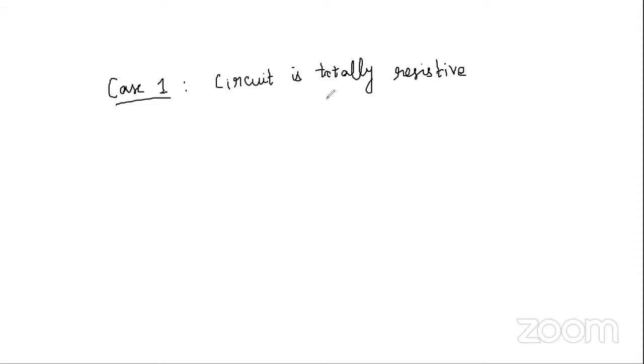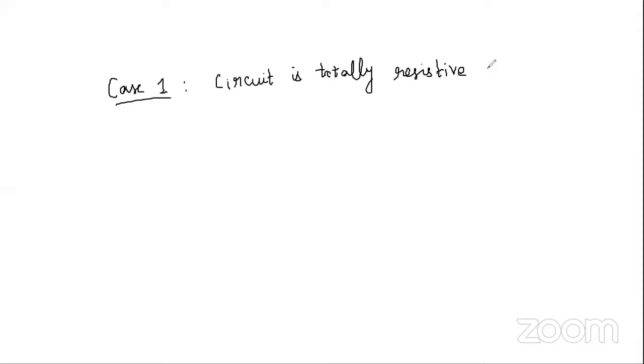We need to discuss a few more concepts here, some cases related to this average power. Case 1: when the circuit is totally resistive, that means you have only a resistor in the circuit. What is the phase difference between current and voltage in this case?